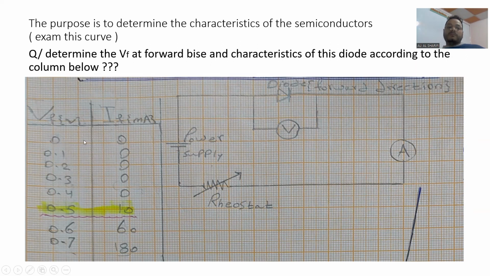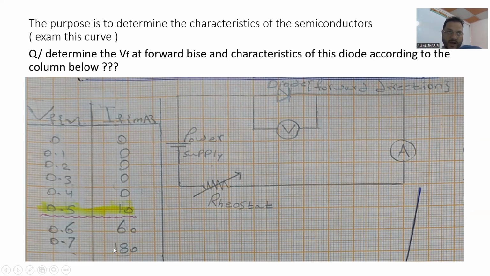After that, the current will be approximately constant at 0 and the voltage will increase step by step: 0.1, 0.2, 0.3, until 0.5. At 0.5, the current will jump from 0 to 10 milliampere.